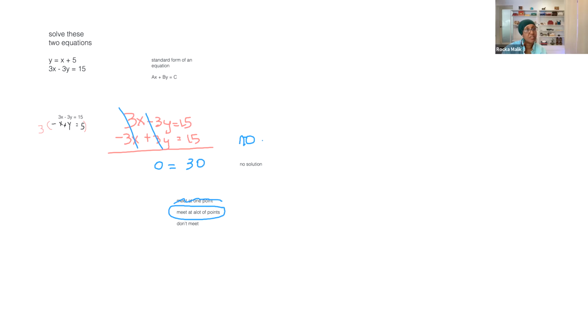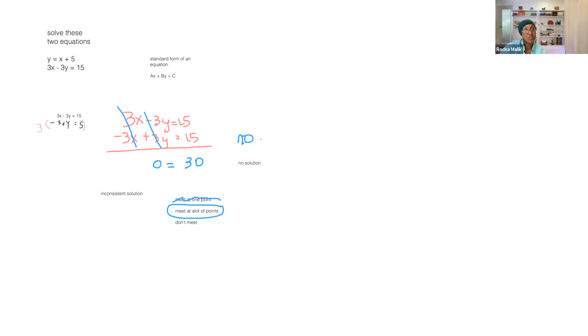Because you have a solution, kind of, it's the same line, but it's not one thing that you can say. Or you can put the same line, if you have the actual lines are the same. Not the same slope, so that's different.